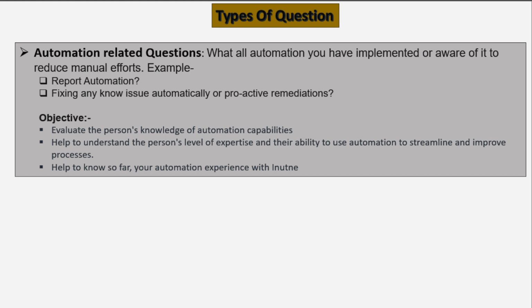So the objective of asking these types of questions is to evaluate the person's knowledge of automation capabilities. This will help us to understand the person's level of expertise and their ability to use automation to streamline and improve the process. And last, this will help us to know your automation experience with Intune so far.